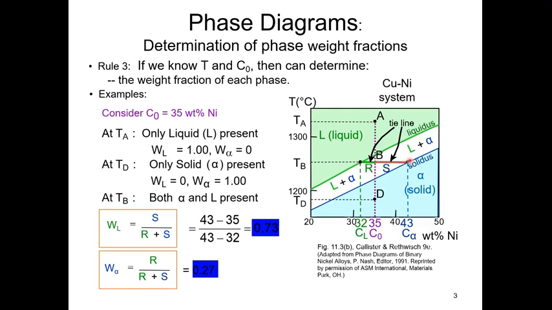Okay, so from this tie line you will see you have two sides. Towards this side, we term it R, and towards this side we can see the weight of L. Towards this side is the weight of alpha, the S. R and S is easy, RS, R first then S, not S and R. So we write it as R and S.